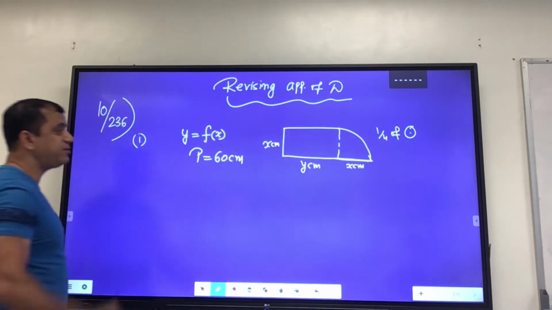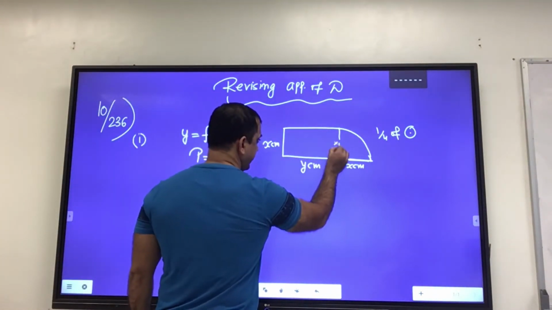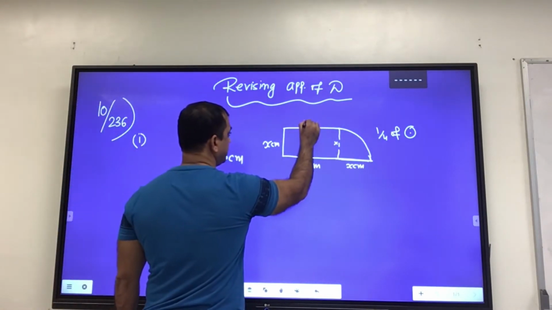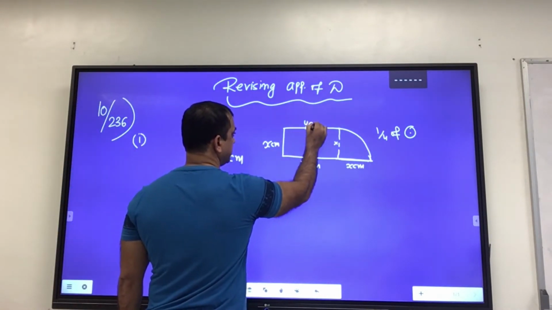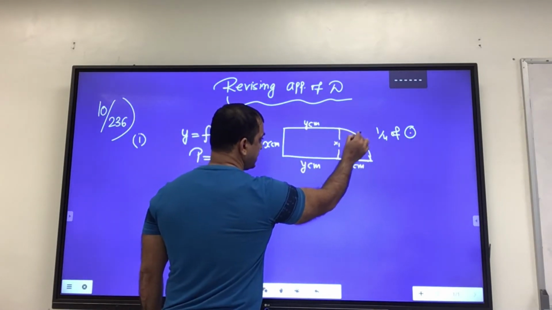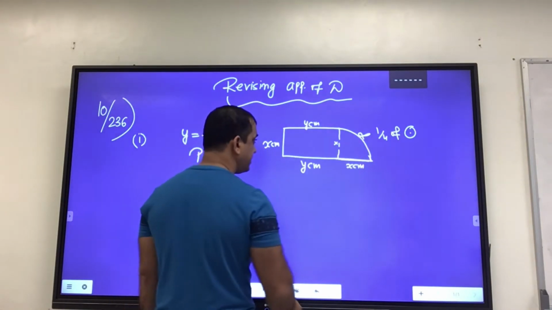Now you guys help me to find the perimeter of the plate. We should not include this side. So this is y, this will be y, right? Now this is a quarter of a circle. How much should this length be? I'll call this length L. How much should this length be?